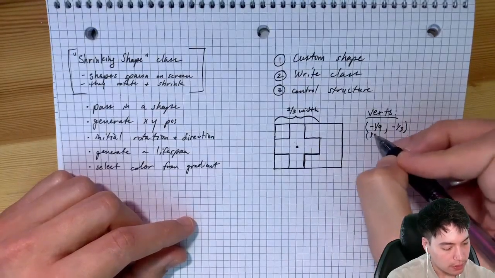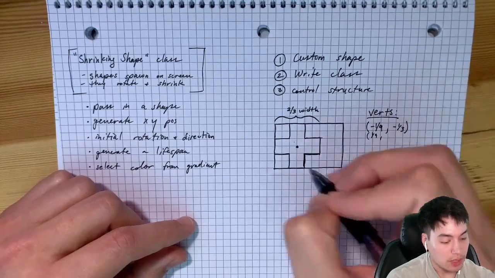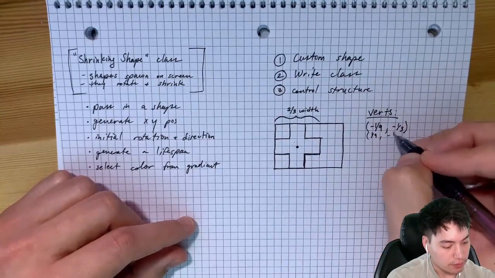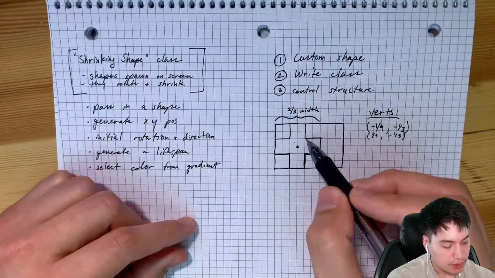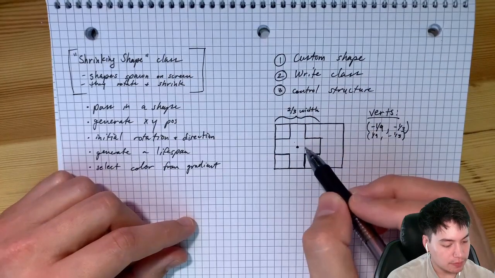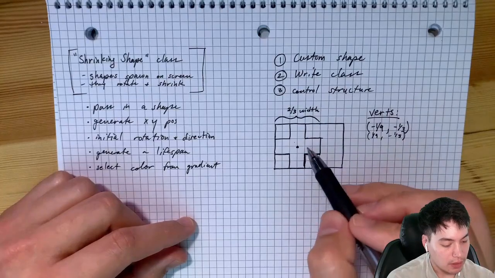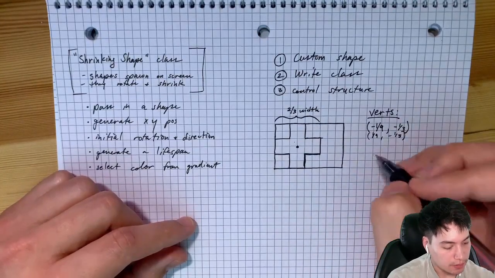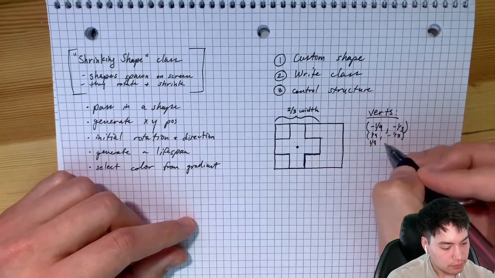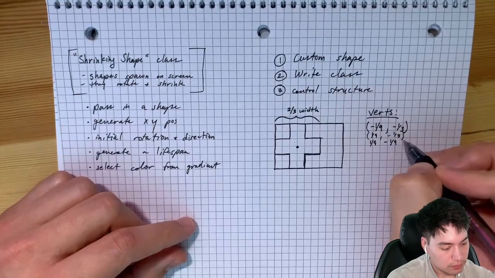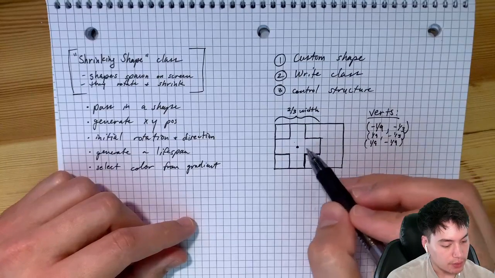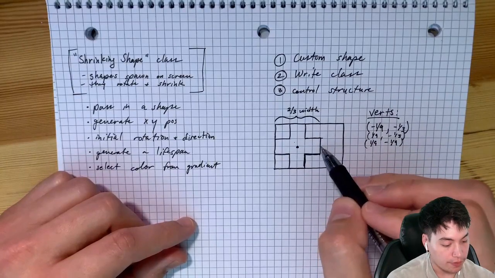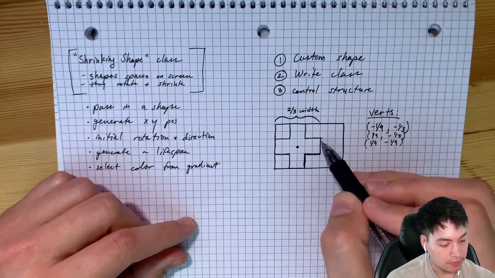So then I will have 1/9, negative 1/3 for the y position, right? This vertex here is going to be positive x 1/9, negative 1/9. This vertex here is going to be positive 1/3, negative 1/9.